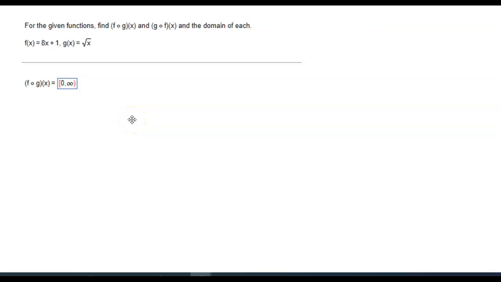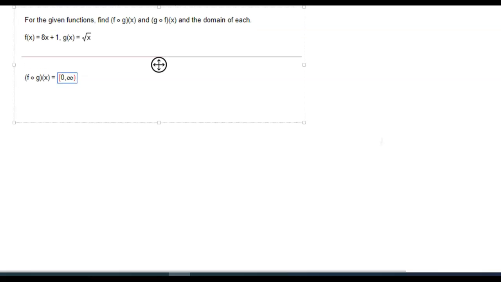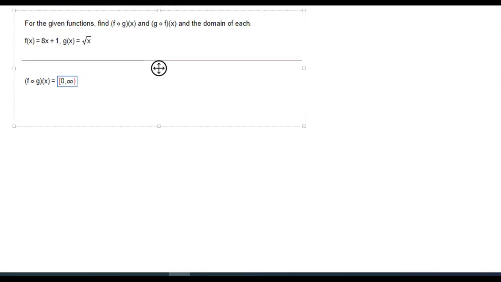I wanted to make a quick video to answer this question. We want to find the composition of the function and the domain. First, we want to find f of g of x.